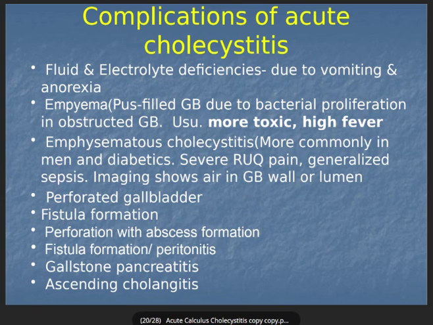And then you end up with intestinal obstruction. This is called gallstone ileus: ileus obstruction caused by gallstone.